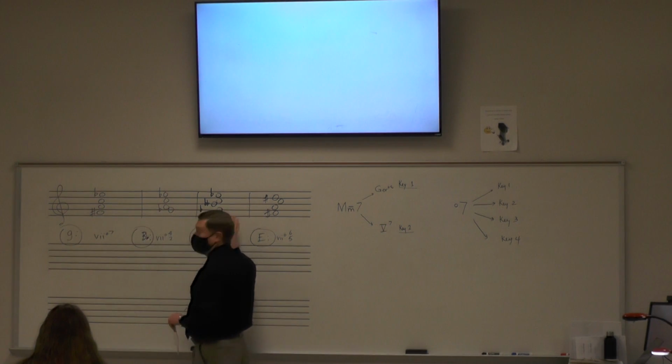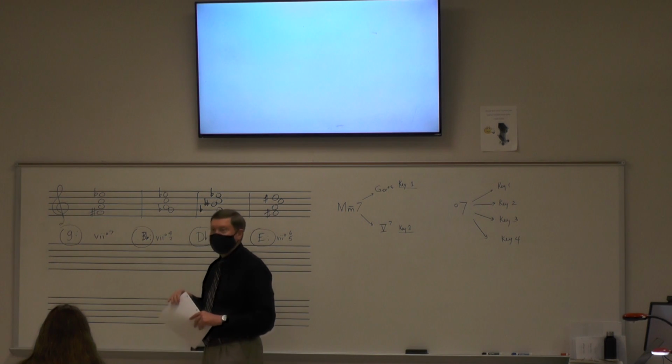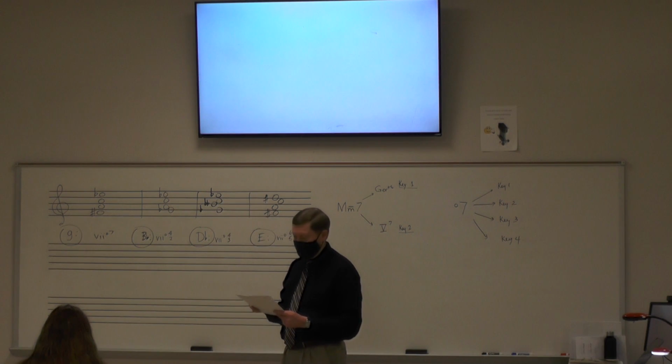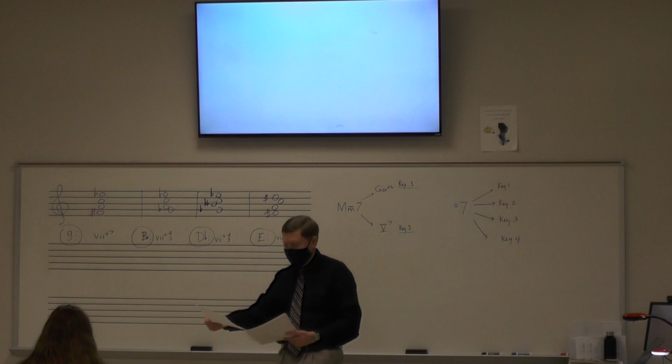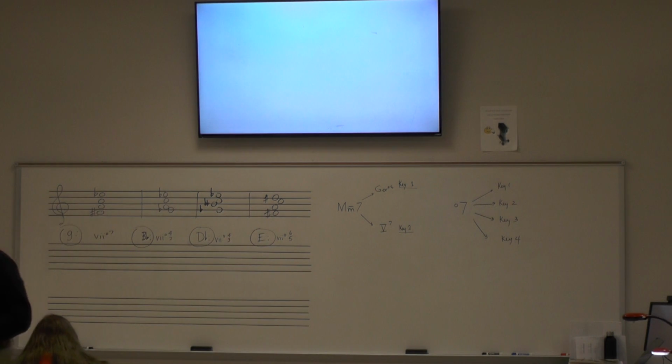And remember that when you're spelling it differently, the root of the chord is always the leading tone of the key. So that'll tell you what key it can function in, because these are leading tone 7th chords, so I always build on the leading tone. So take one of these, and again, it's just the front side. This is for Monday. And we'll talk more about this on Monday.